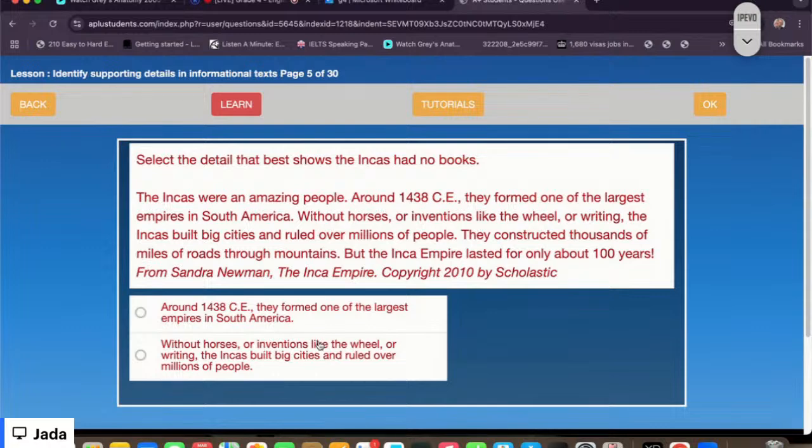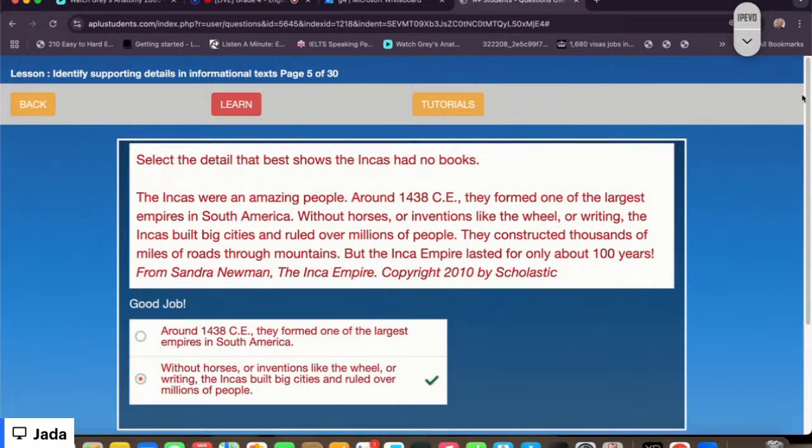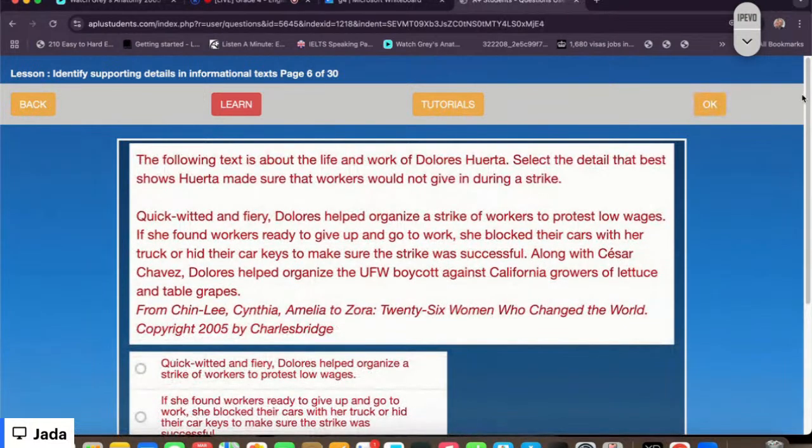So this was option two, right? Without horses or inventions like the wheel or writing, the Incas built big cities and ruled over millions of people. Okay.